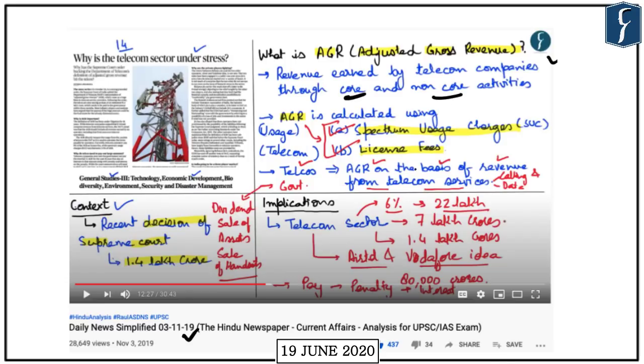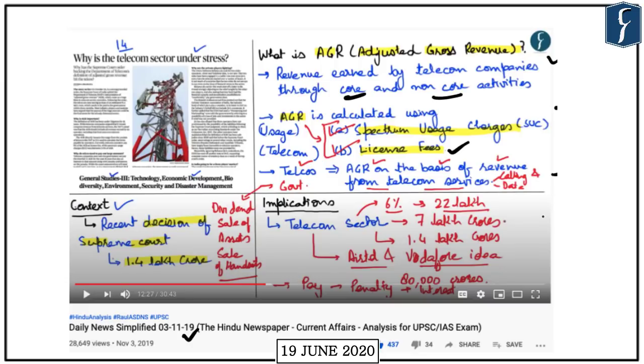non-core activities. Now, the trouble is that how one calculates AGR decides the future course of profits of the company because the spectrum usage charge and license fee all depend upon AGR as they are calculated as a percentage of AGR, and hence how AGR is calculated is very important.